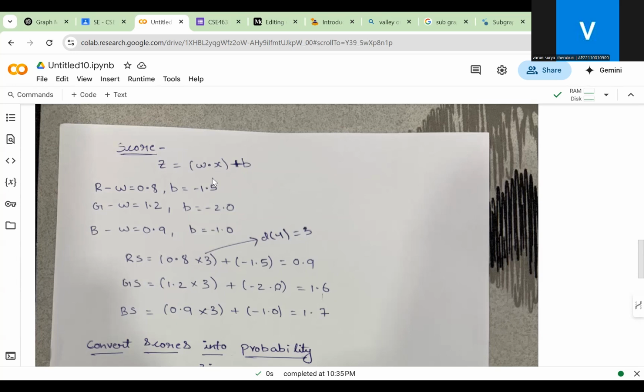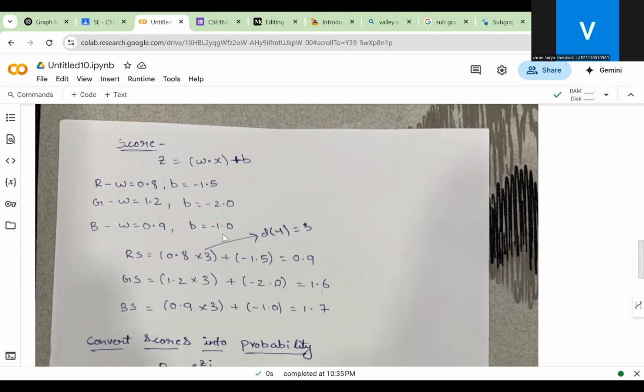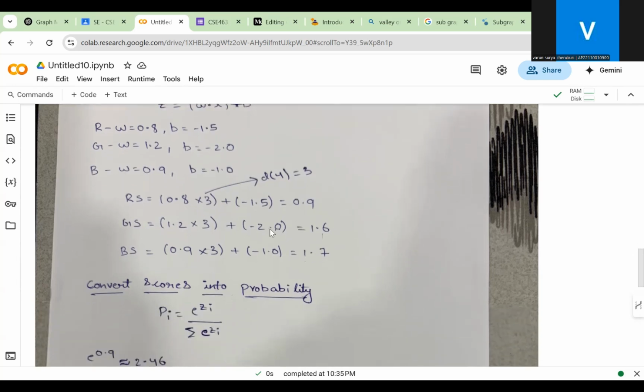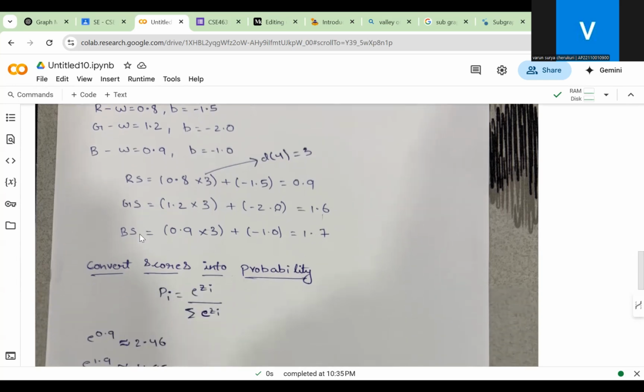Let us assume the weight of red is 0.8 and bias is minus 1.5, the weight of green is 1.2 and bias is minus 2.0, and the weight of blue is 0.9 and bias is minus 1.0. When we substitute that into the score formula, we will get the scores of red, blue, and green.